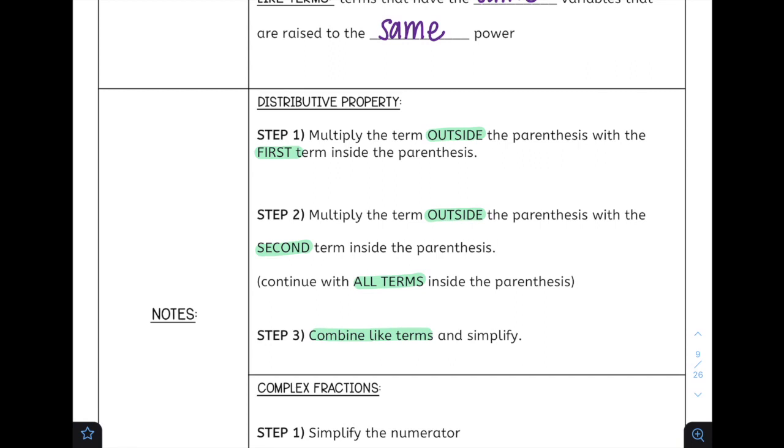So if you had 4 times (2 plus 3), you'd make sure you're multiplying the first term and then the second term. This would give you 4 times 2 plus your 4 times 3. You want to make sure you're keeping that operation in between. Just a review of your distributive property.